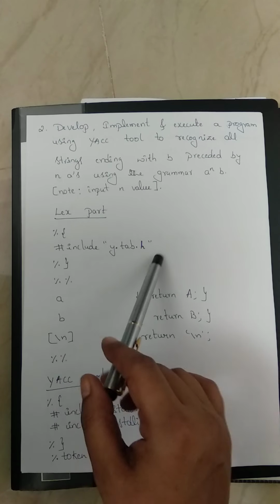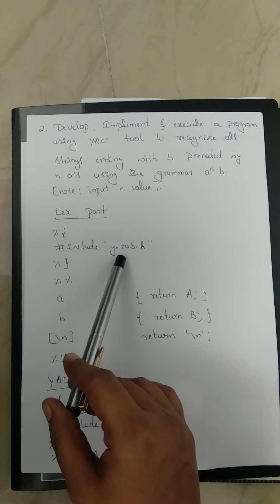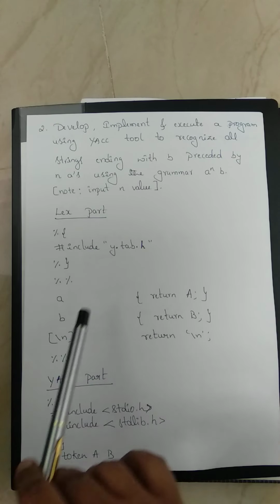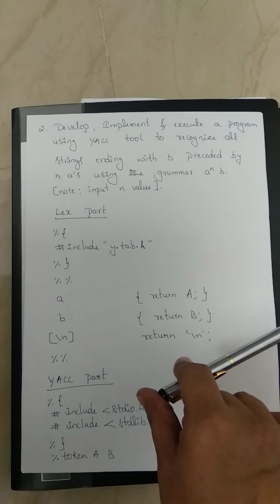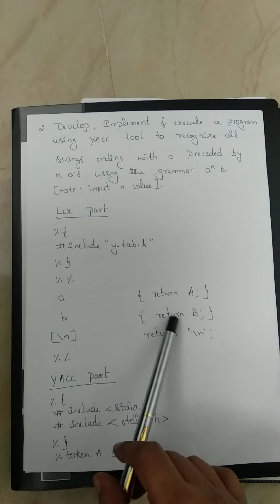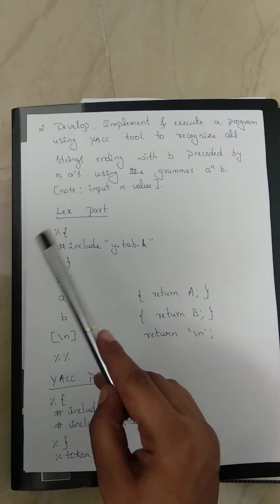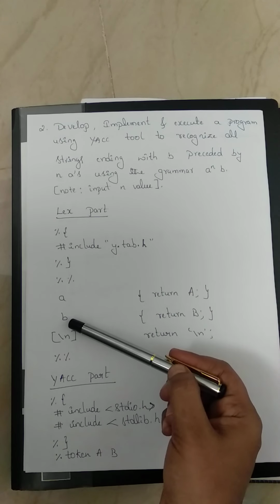This header file is included here, wherein the definitions of the tokens are defined. Only then can lex pass the tokens to YACC, or YACC receive the tokens from the lex program.